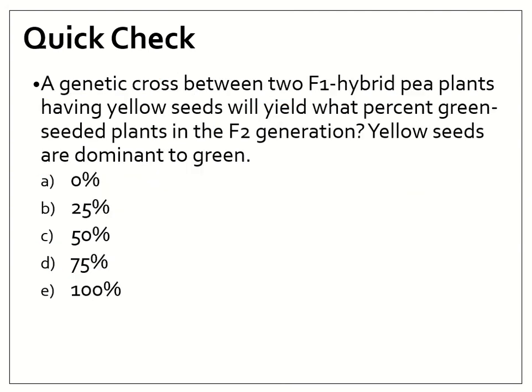Okay, all right, one last little check. It says it's 2 hybrid parents. So hybrid means it's heterozygous. How many will have the green seed? If yellow seeds are dominant, again, remember our little tricks.